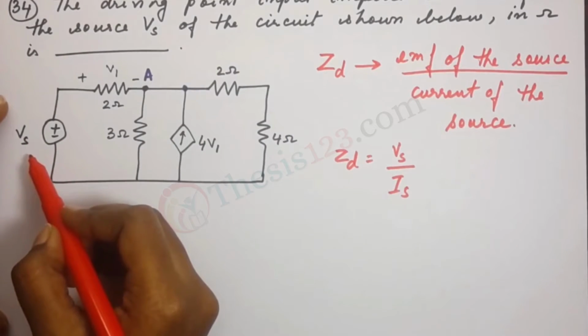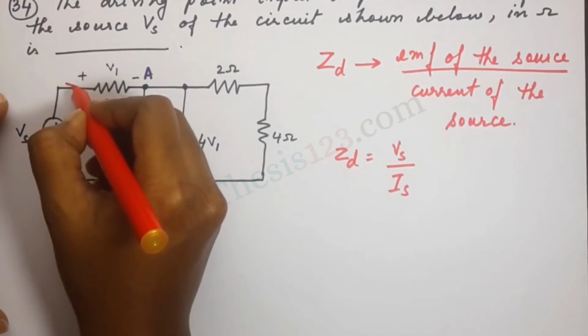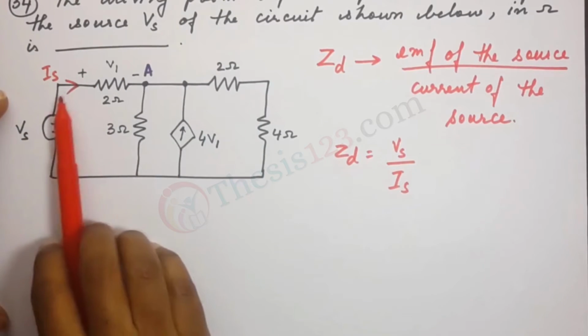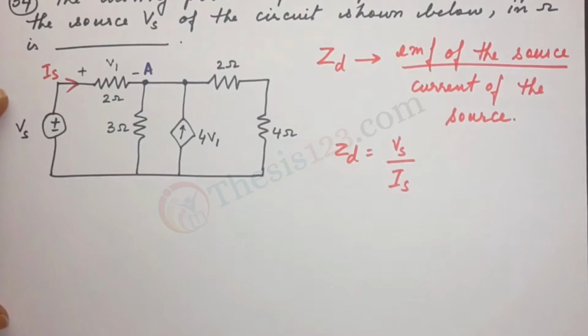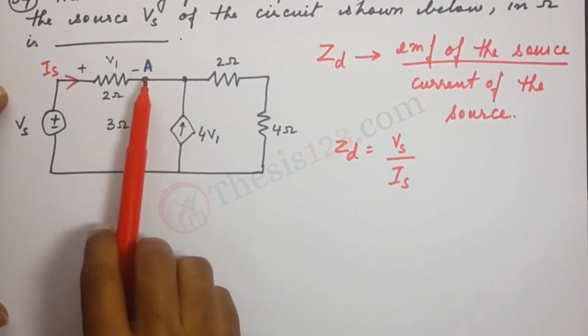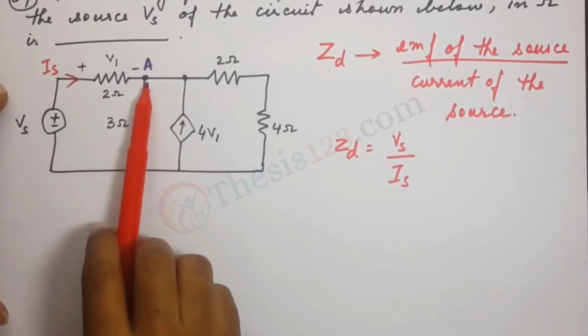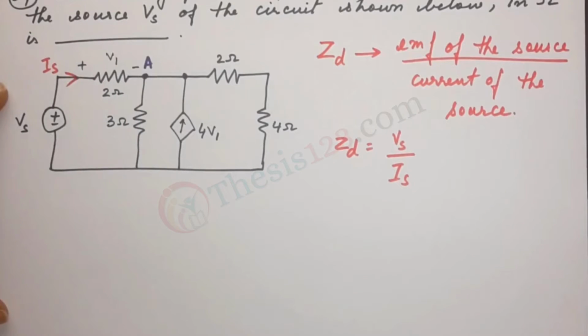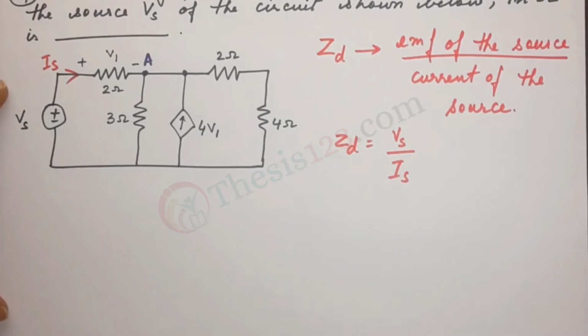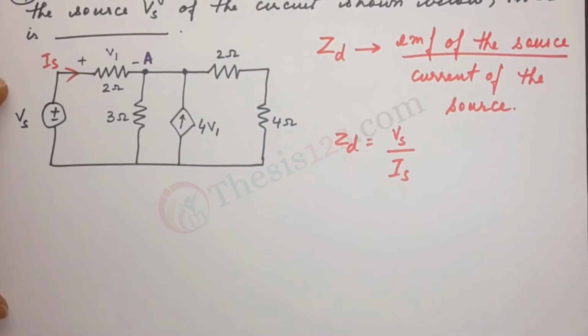Now Vs is the source voltage, which means that here is our Is, current that is passing through this branch over here. So let's take the point A and try and write down the KCL. We'll apply the KCL at point A and we'll write down the current equation and see how it goes from there.